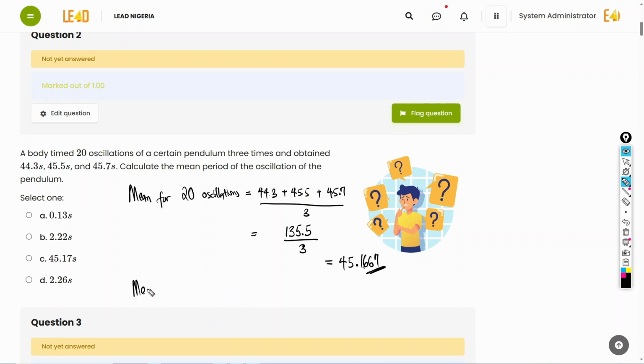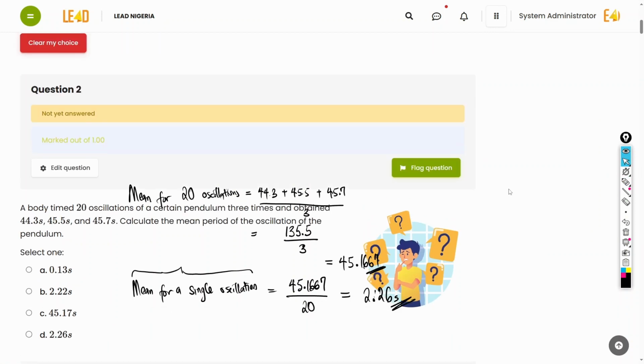So the mean for a single oscillation, which is basically a period, is the time for one oscillation, right? Now we have the mean for 20. We now have to calculate for 1, right? So that would just be the answer we got, 45.1667 divided by 20. So that would be 2.26. That's 2.26 seconds. All right, so that's the answer, 2.26 seconds.